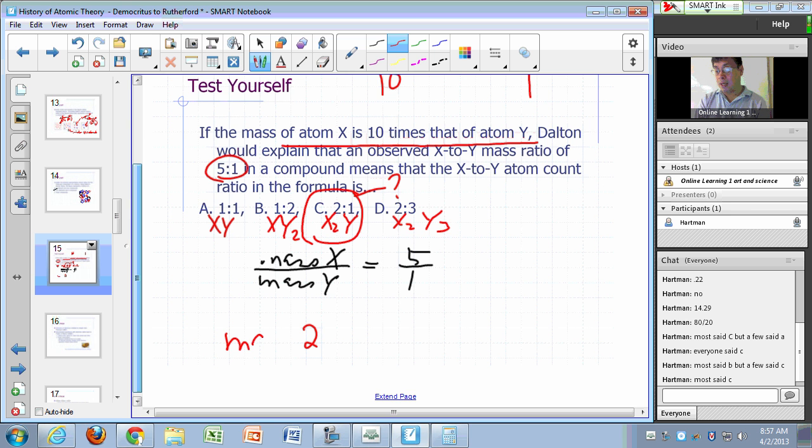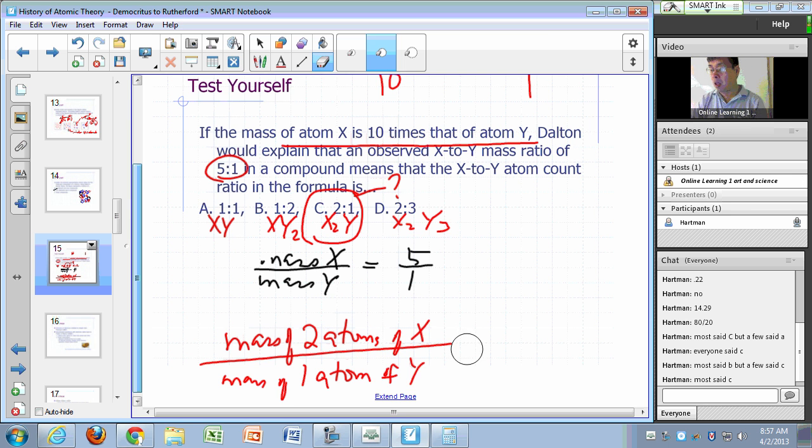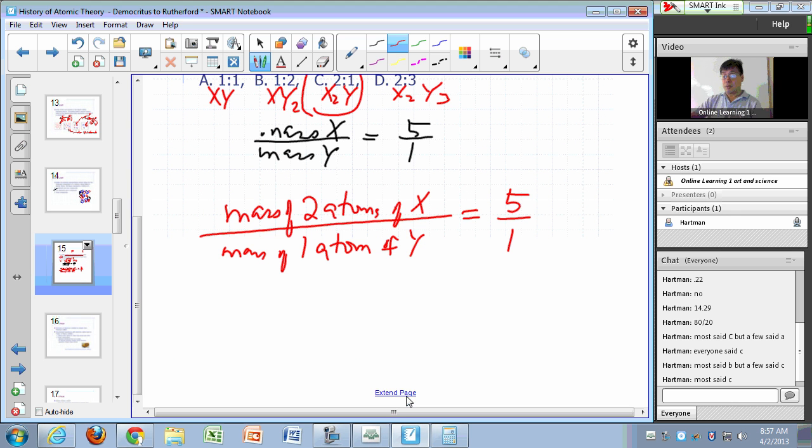Mass of two atoms of X. How would that compare to the mass of one atom of Y? Then what would that be? According to this, it's going to be 5:1, right? Would that be consistent?